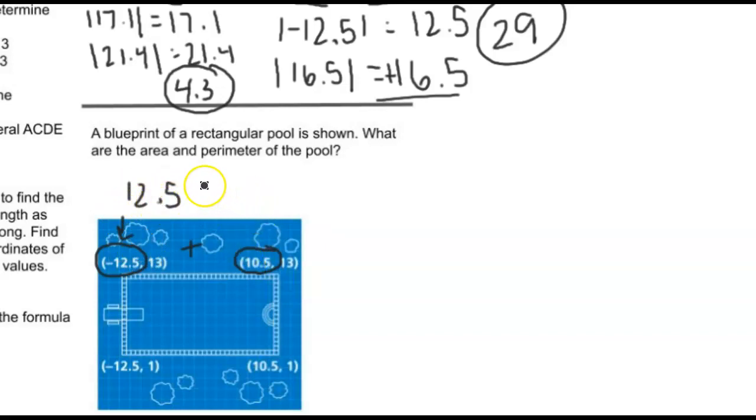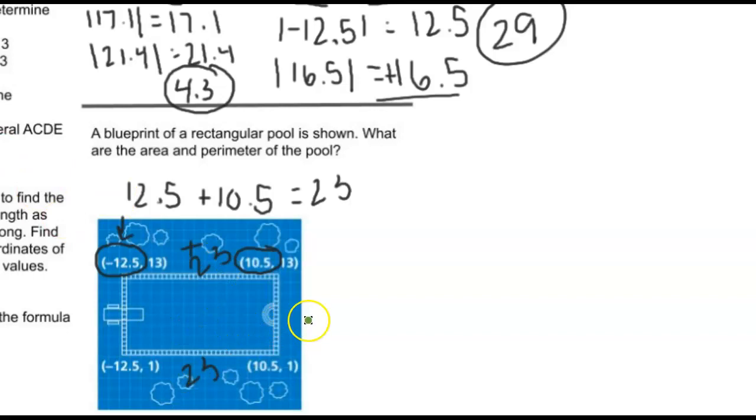The absolute value of 10.5 is 10.5. So I'm going to add those together. Get 23. So if this side's 23, this side's 23.